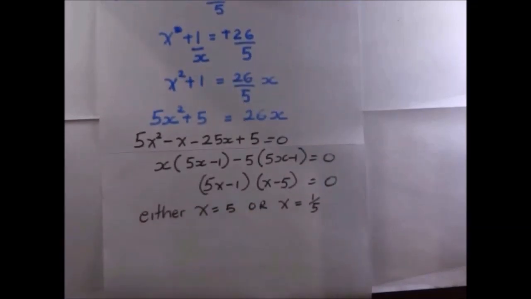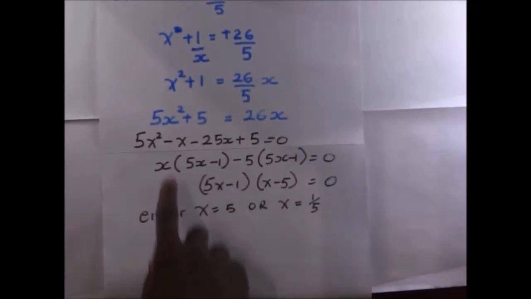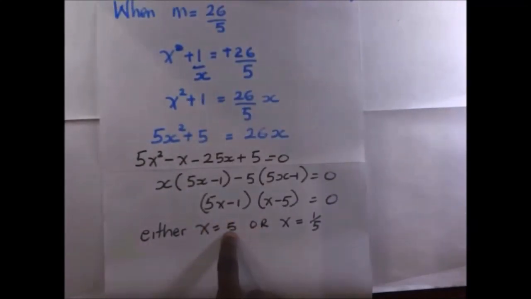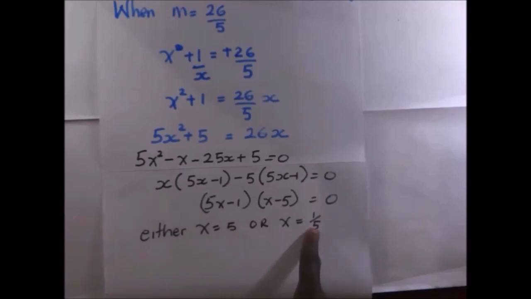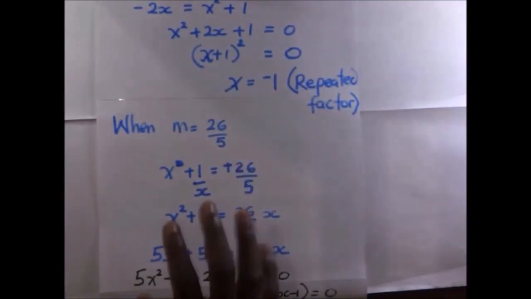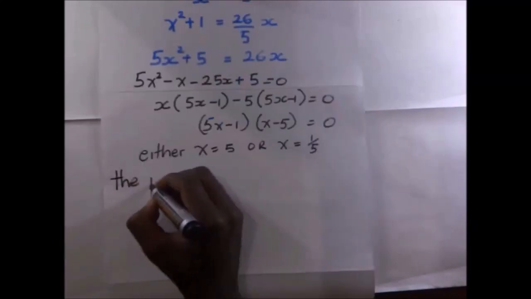So when the value of m is 26 over 5, we get our value of x as either 5 or a fifth. So it means for us, the final answers, the factors of this polynomial are going to be 5, a fifth, and negative 1, which is a repeated factor. So those are the roots of the polynomial.